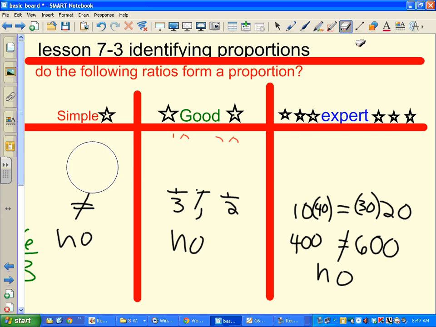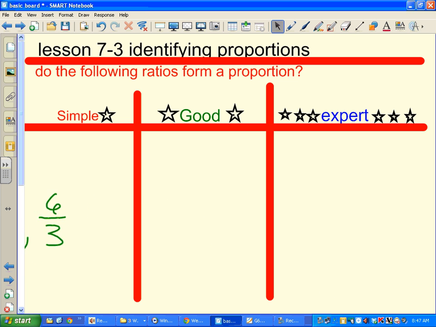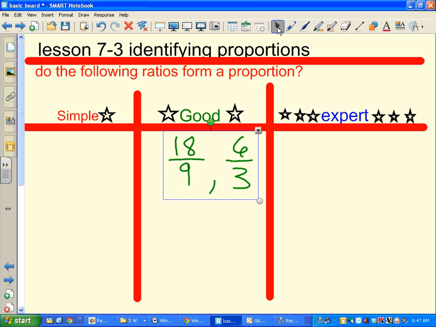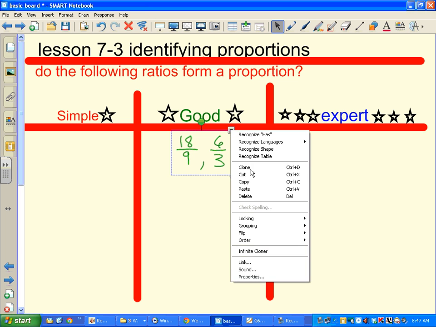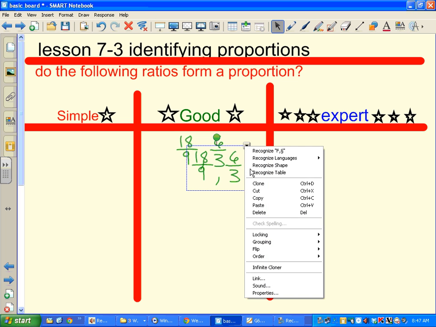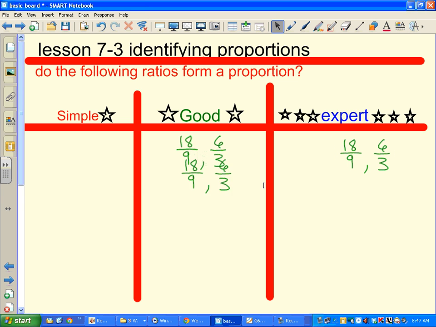All right. Let's do another example here. 18 ninths and 6/3. No reason to rewrite that. 18 ninths and 6/3.